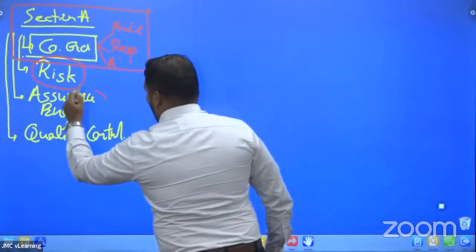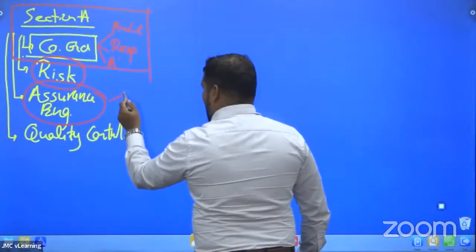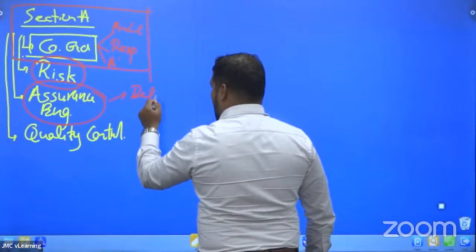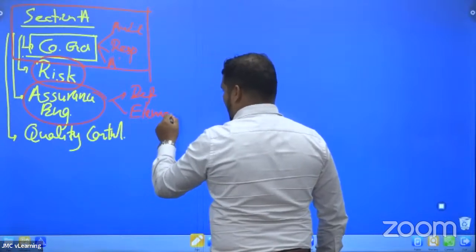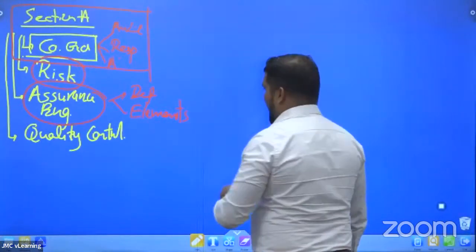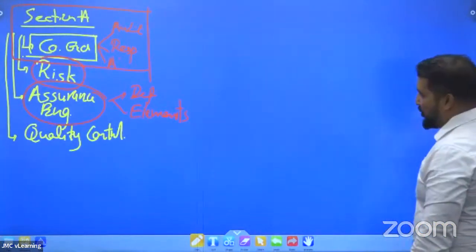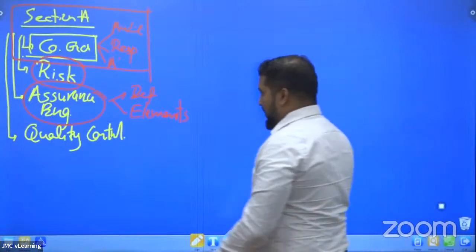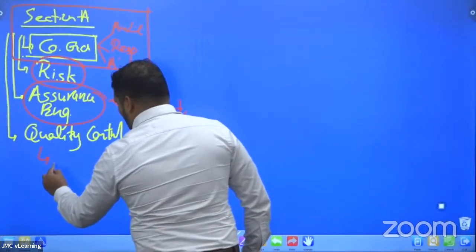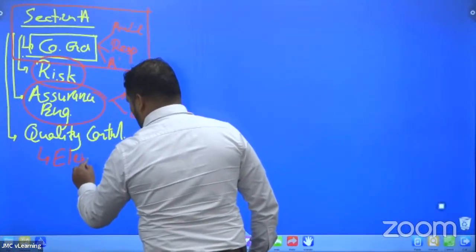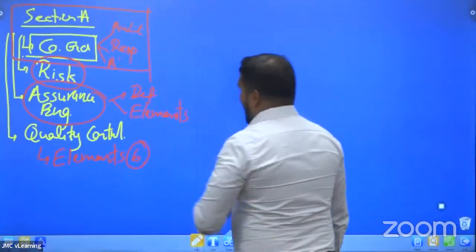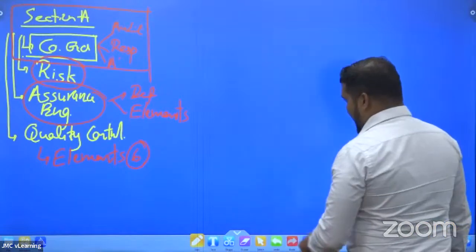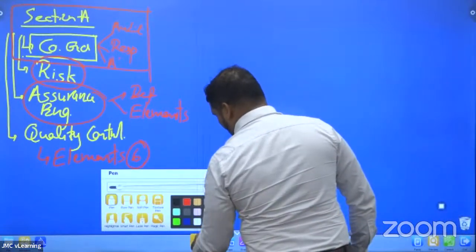From the assurance engagement perspective, specifically the definitions, then the elements of assurance engagement. We have had long discussions on those areas in our physical class. From the quality control perspective, specifically the elements of quality control, there are 6 elements. Those are the most probable areas for section A.